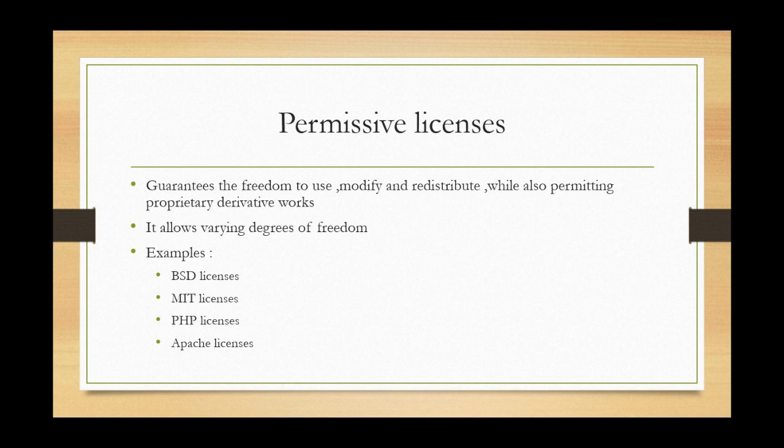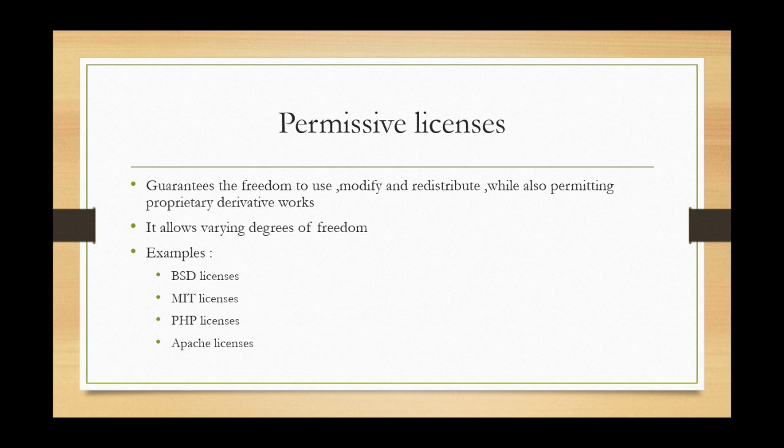But with the permissive license, it allows or permits even proprietary derivative works. In fact, permissive open source licenses place minimal restrictions on how others can use open source components. So there are minimal restrictions as compared to copyleft.